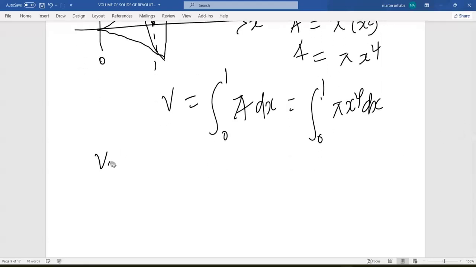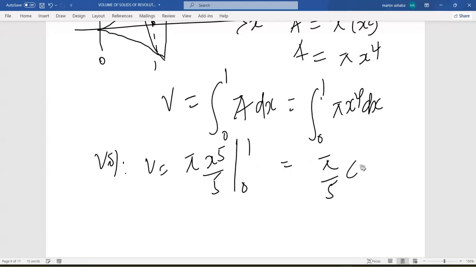and therefore volume V will be pi integrating x to power 4, it becomes x to power 5 divided by 5 from 0 to 1, and that becomes pi out of 5 cubic units.